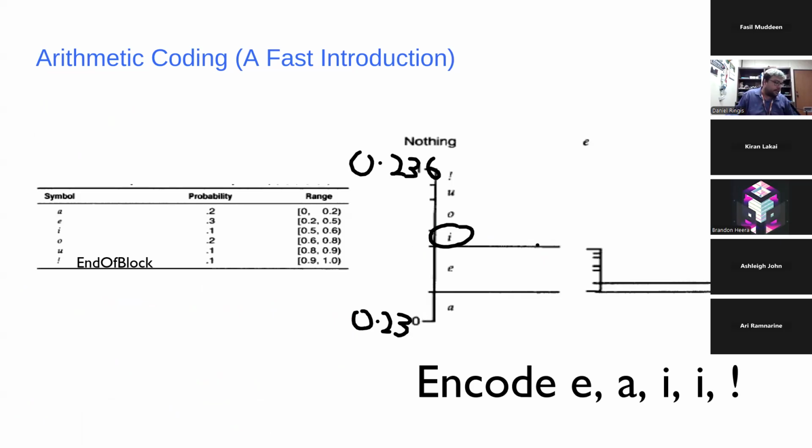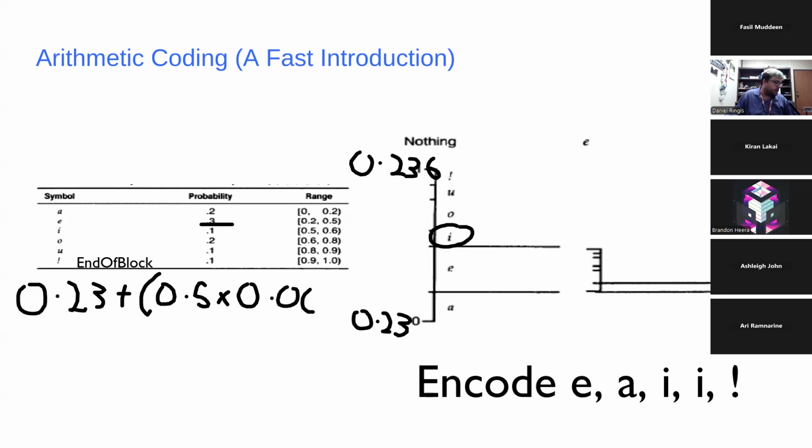We know that this base would be 0.5, so 0.23 plus 0.5 times 0.06 is 0.233.